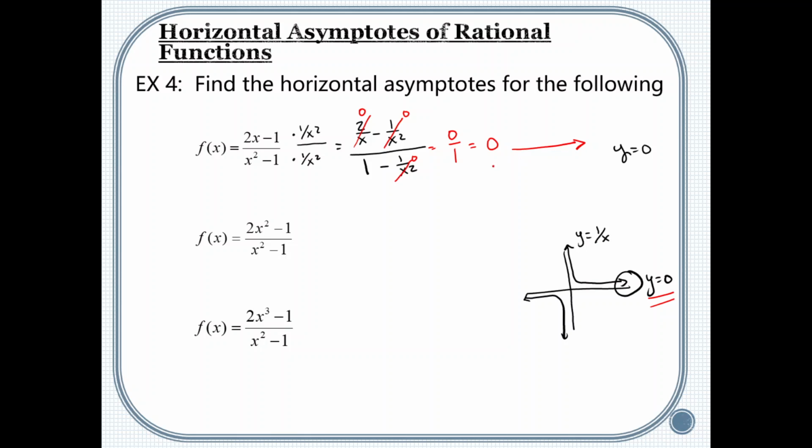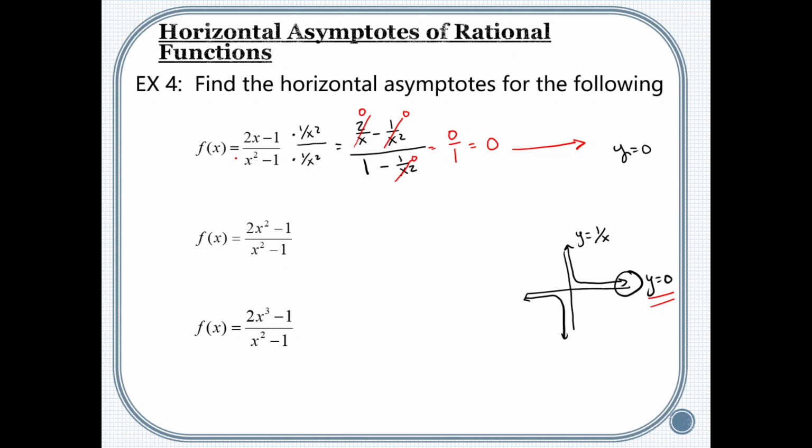Now, in general, the largest exponent is the ruling factor in these problems. It is what we call the ocean. It is the big piece, and it is the one that's going to determine whether we have a horizontal asymptote or not, whether the function is approaching some number or whether it's just continuing to get bigger and bigger and bigger.